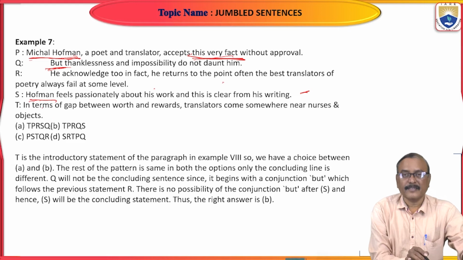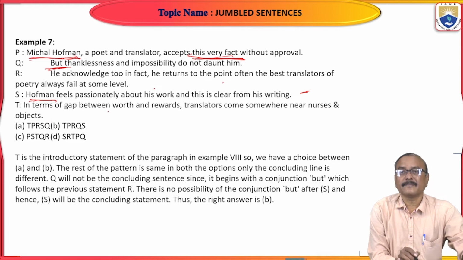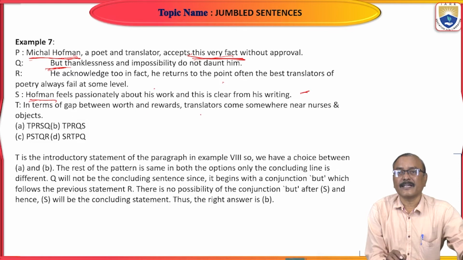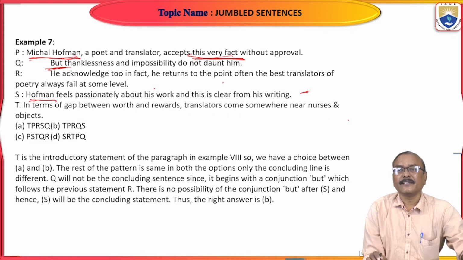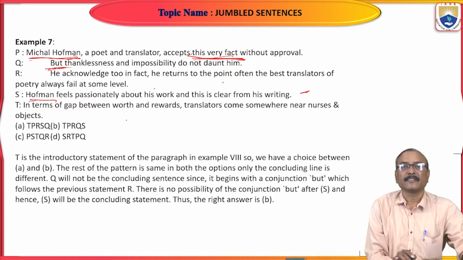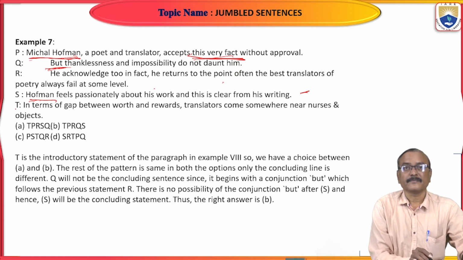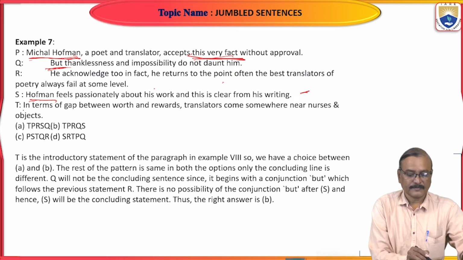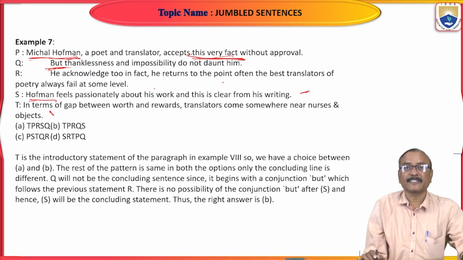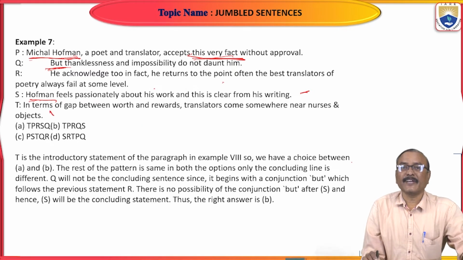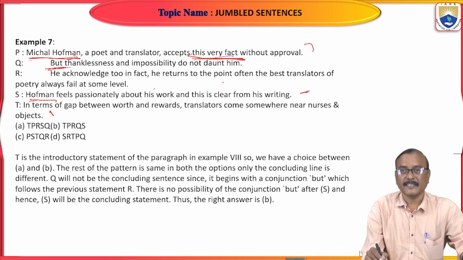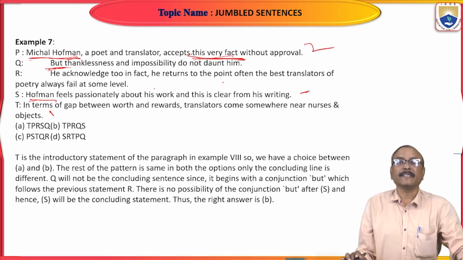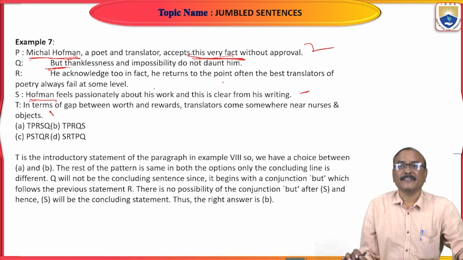So, read statement T. In terms of gap between worth and rewards, translators come somewhere near nurses and objects. Is it clear? So, this can be the first sentence. T is the first sentence, and this very fact, P is the second sentence. So, TP.